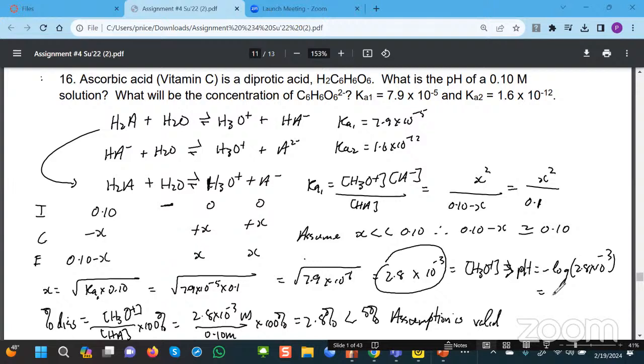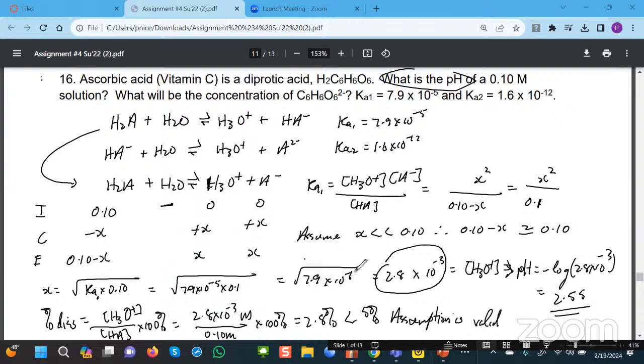So let me see what that gives. According to my calculation, this works out to be equal to 2.55. All right. So that would be the answer to this part of the question, what is the pH, right?